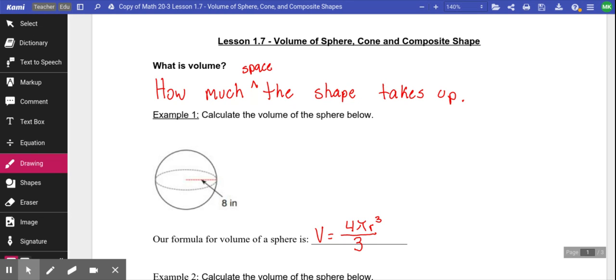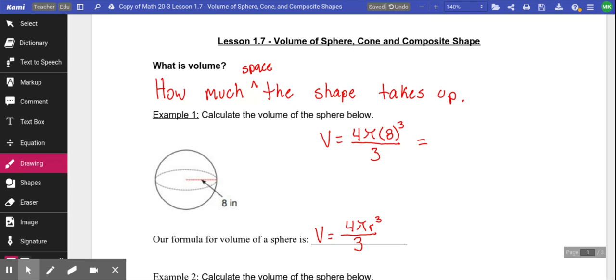So if we go to calculate this first question, the volume would equal 4 times pi, and the radius is 8, and that's cubed. For those of you who don't have a cubed button on your calculator, that means 8 times 8 times 8. When you put that in your calculator, you're going to get some big numbers for these spheres.